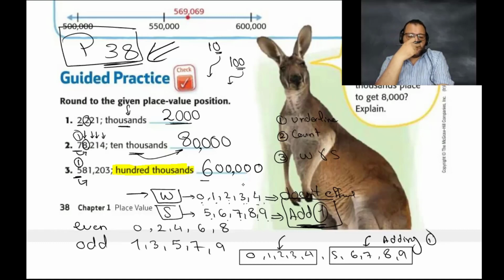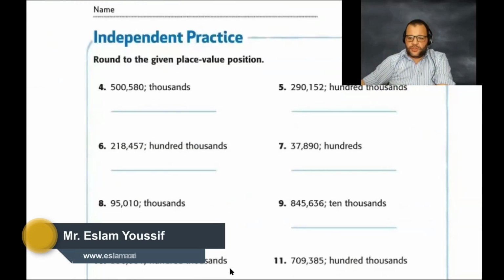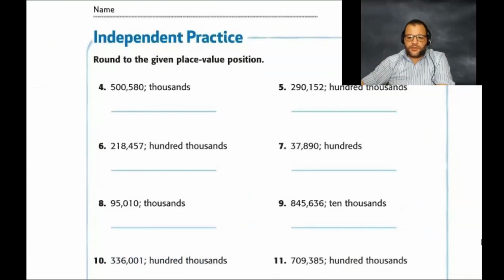Steps of rounding. What are the steps of rounding? Just look at question number 4 and we will round it together. Okay? Just listen please for number 4 and we will round. Again, I will explain it.